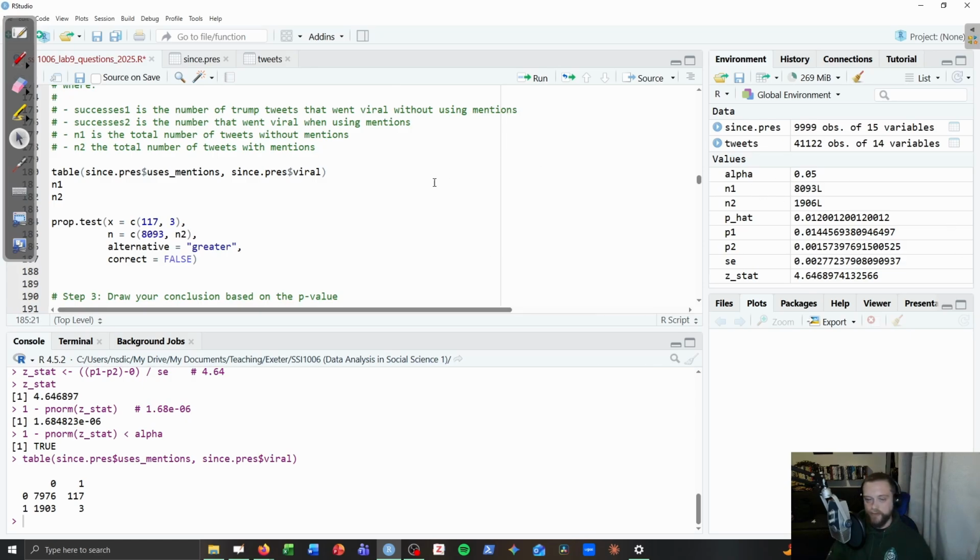So that's 8093 for n1 and 1906 for n2. Now our alternative here is set to greater. This works the same way t-tests do. If we're interested in whether this proportion is greater than this, we put in greater.